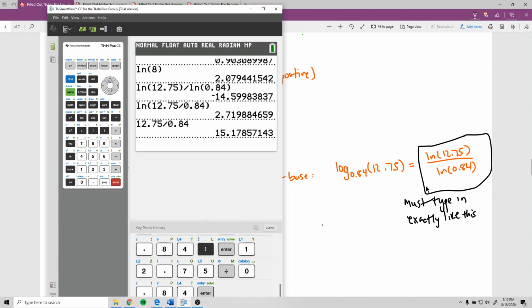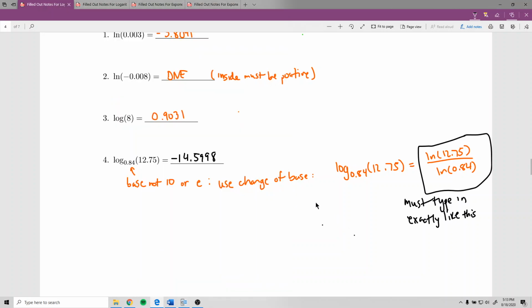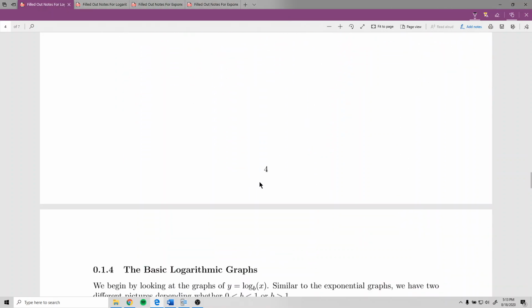Right, so you have to leave it like this. There is not another way. Now, if you do log instead of ln, that works too. But as we saw before, log and ln are not the same. It's just that with this rule, you can use either one. You get the same number. But don't mix and match.